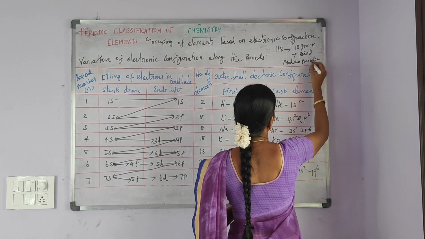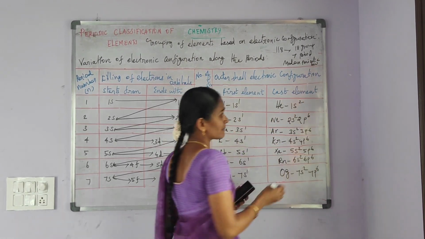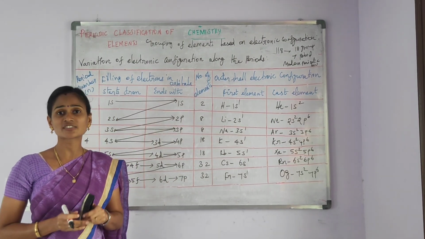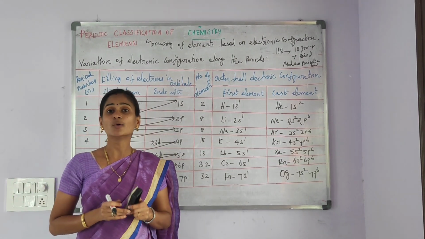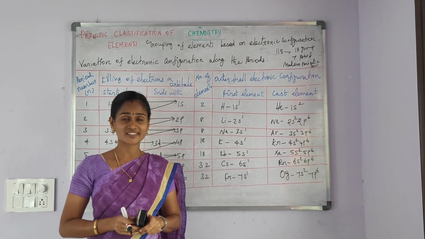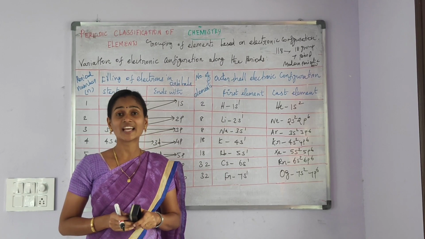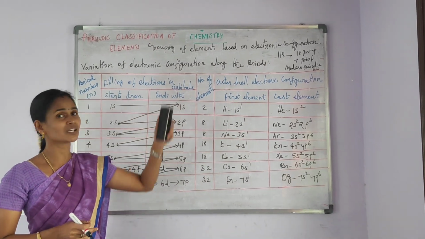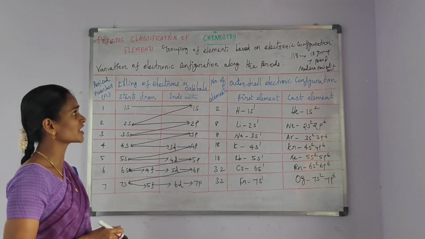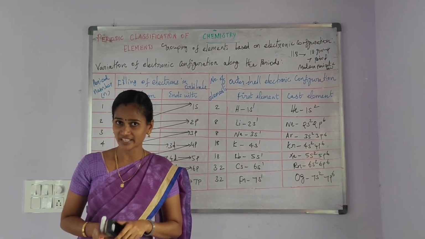The position of each element present in the periodic table is closely related to its outer shell electronic configuration. Let us analyze the changes in the electronic configuration along the period. Now the topic is variation of electronic configuration along the periods.